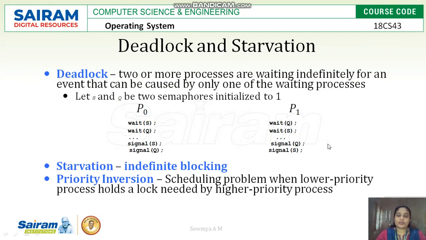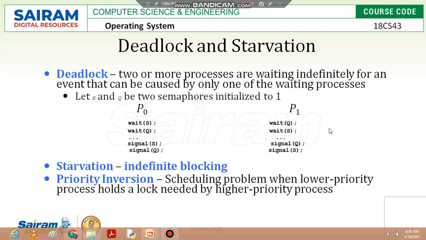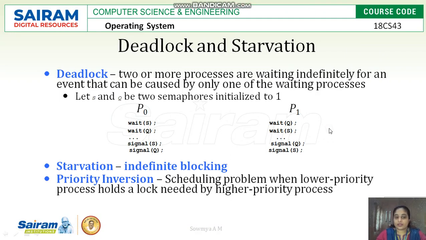So next we have deadlocks and starvation. Since there are processes in the list waiting for execution, like a long waiting queue, the processes go under starvation.